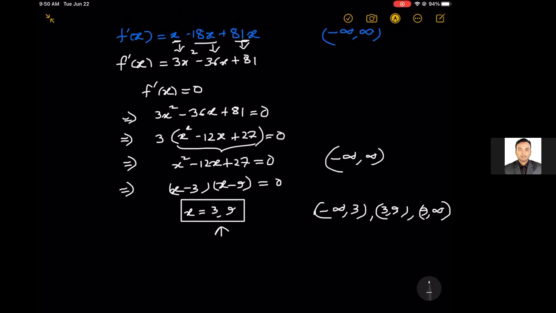Our critical points are 3 and 9. We stop at 3, and in the next interval we start from there and go for the next point, which is 9. Then we start from 9 and go to positive infinity. We don't have any other points to check.